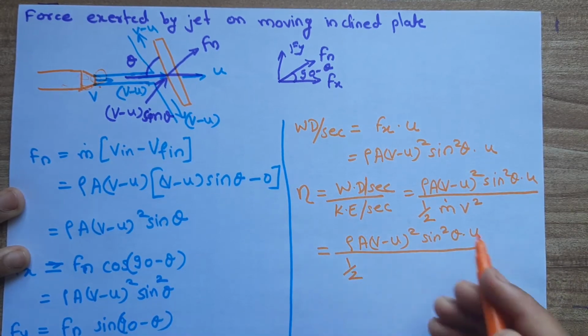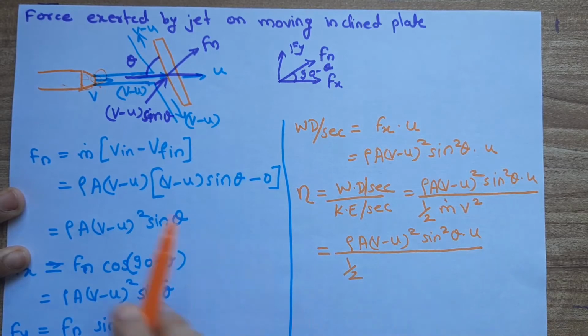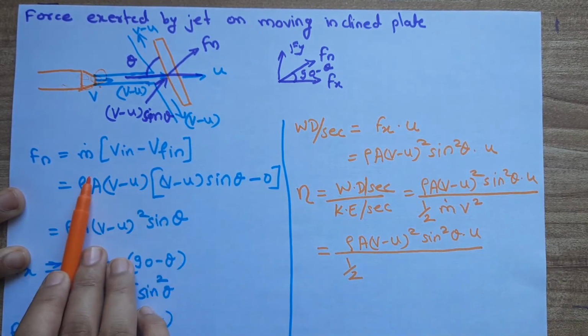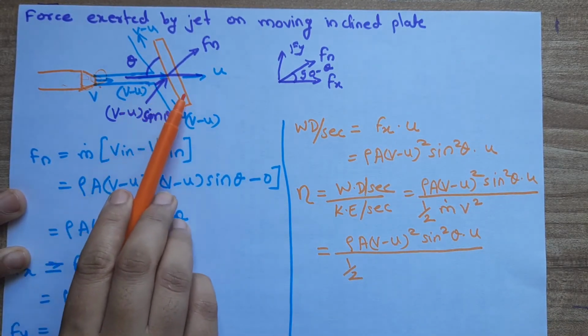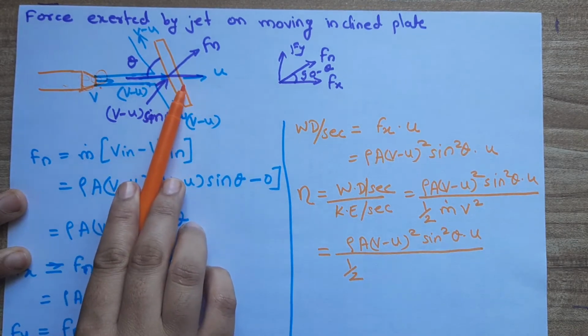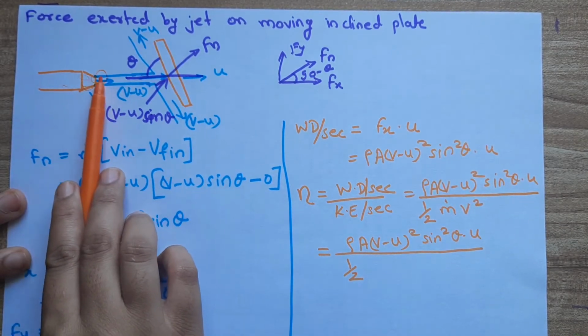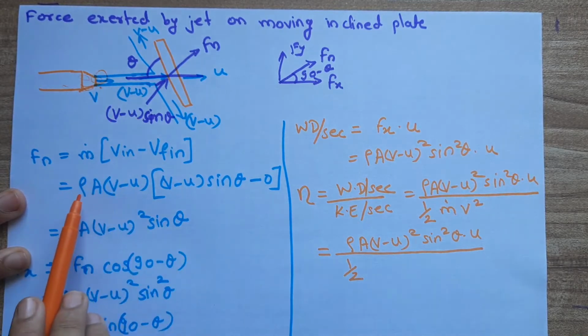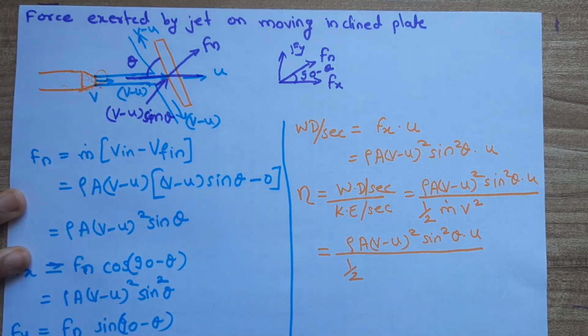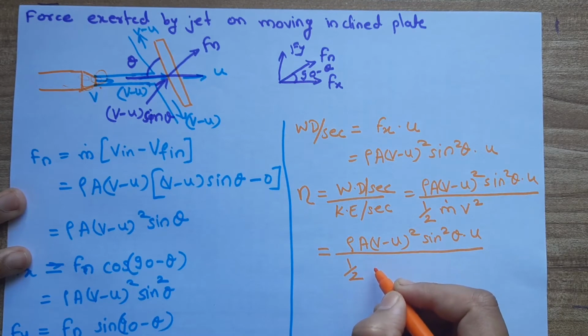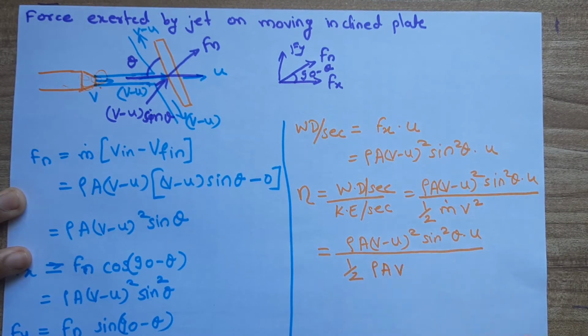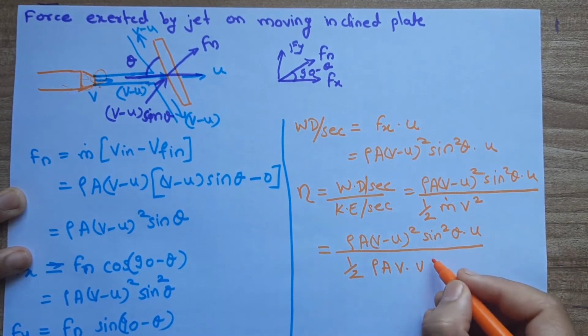So 1 by 2. Now what is m dot here? Don't take m dot as this one, because this is the m dot which is actually accepted by this plate, but here the nozzle is supplying rho a into v. We are taking here the initial input, what this nozzle is supplying. So in that case your m dot will be equal to rho a into v into this v square.